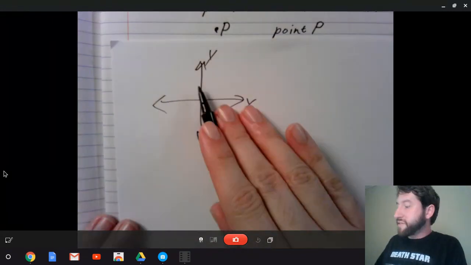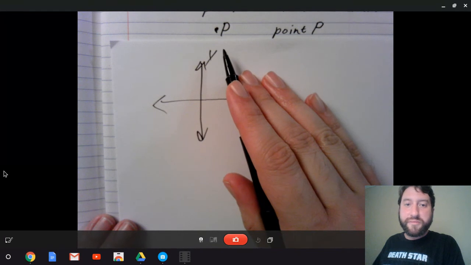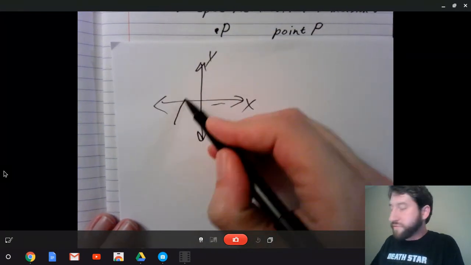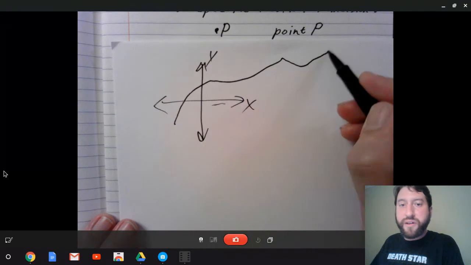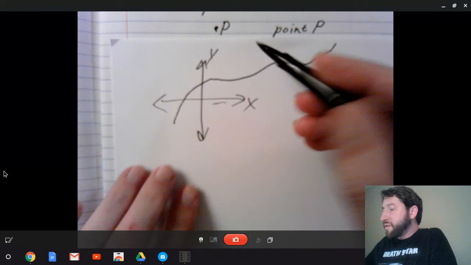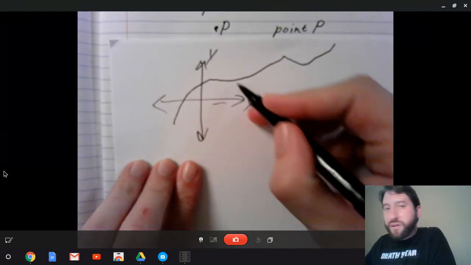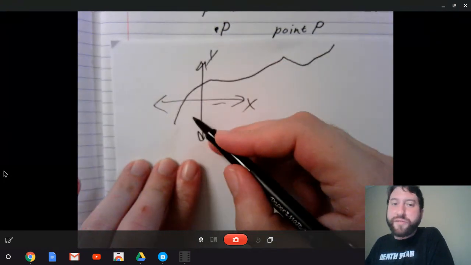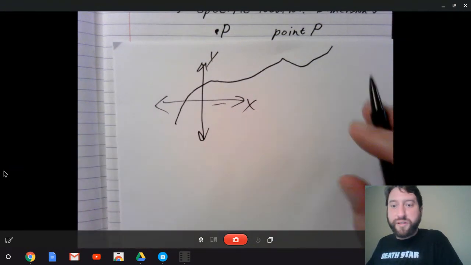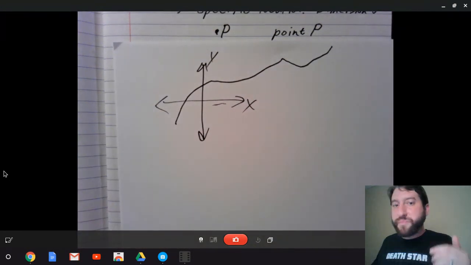And notice how it extends forever. You can make a function go as far away as you want. That's what we're talking about with a plane. It just goes on forever. We only draw a small portion of it, but it's understood that it spreads out really far. All right, that's a plane.